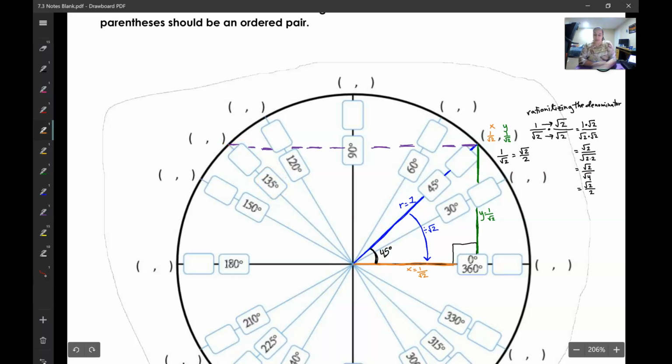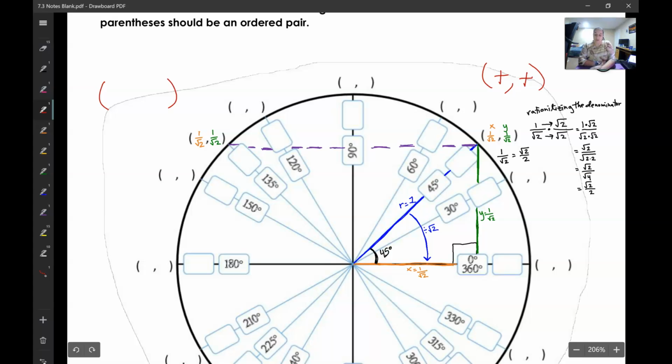Now what that means is that this 135 degrees is going to have the same point as the 45 degrees. So I reflect it across and I just copy it down. Now the only difference is in this quadrant, my x values are always positive and my y values are always positive.